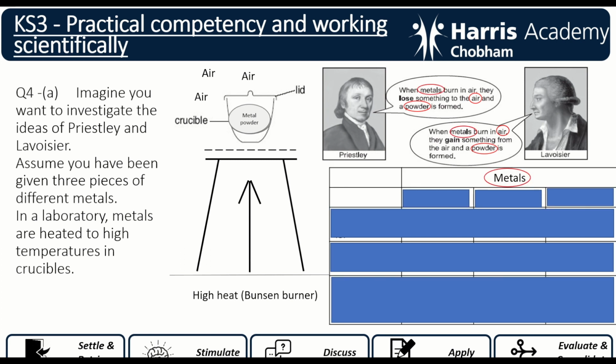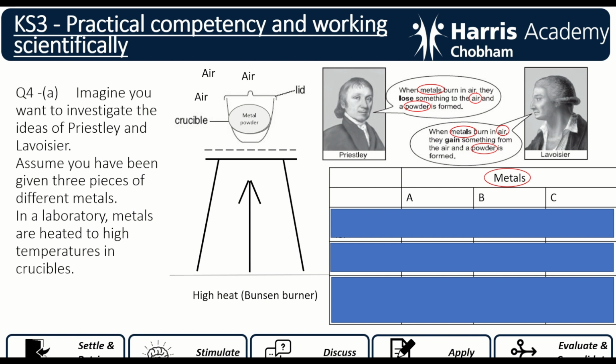Now, in terms of what we needed to do, well, the question here is saying that there are metals, so that's plural there. So let's take three fictional metals, that's A, B, and C. And they were heated until they were a powder. And Priestley thinks that they would lose something to the air. So it's got the crucible lid on, and Priestley thought that it would still lose something to the air.